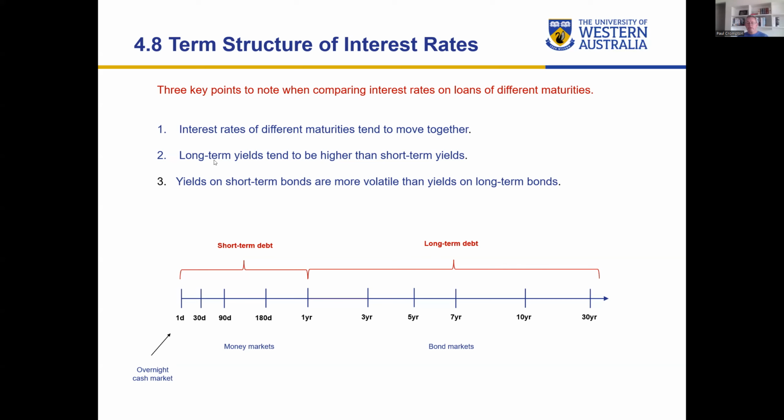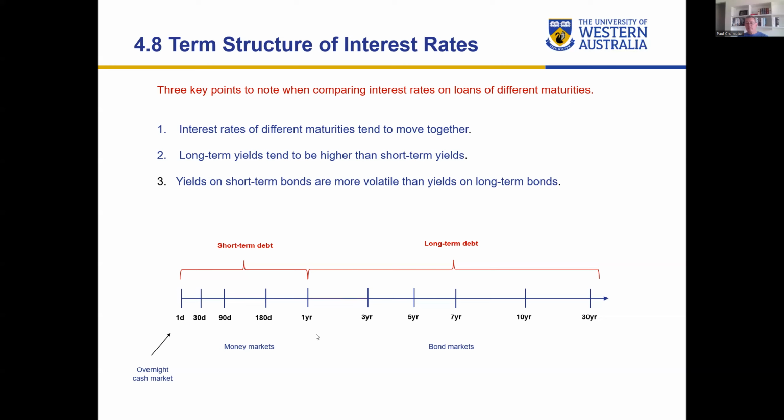Number 2, long-term yields tend to be higher than short-term yields. What that means is that if the 30-day interest rate, for example, is 3%, then the 1-year rate might be, say, 3.5%. The 5-year rate might be 5%, and the 10-year rate might be 5.8%.